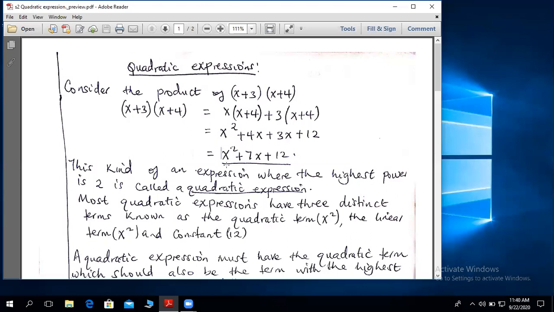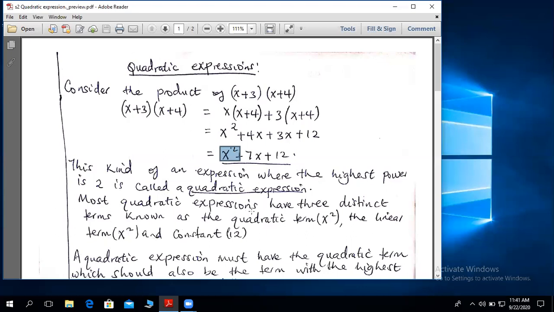But even if it is just x squared and nothing else is there, even this is a quadratic equation. What does that mean? It means the x term is 0, and even here it is 0. So this kind of expression where the highest power is 2 is called a quadratic expression.